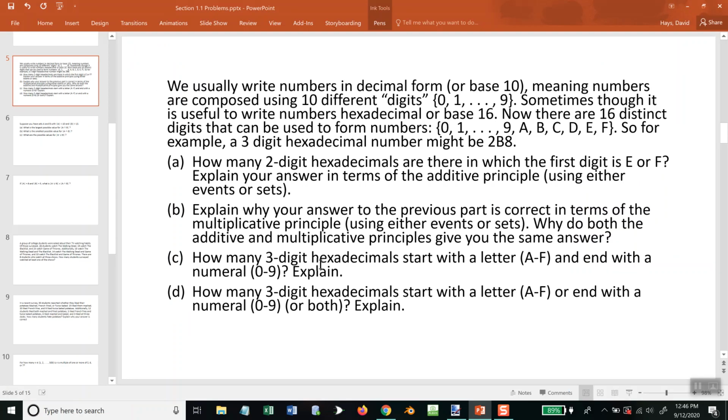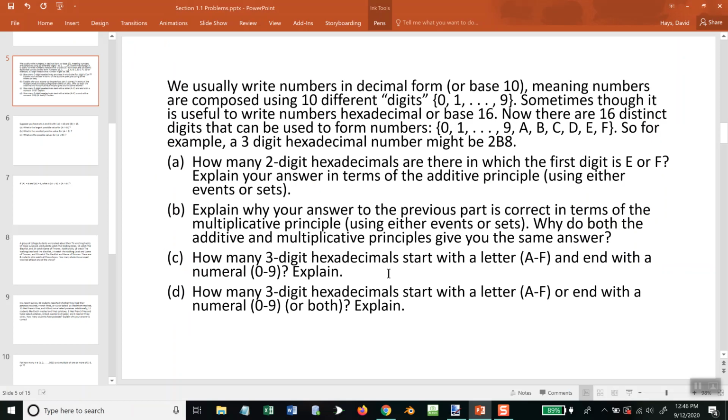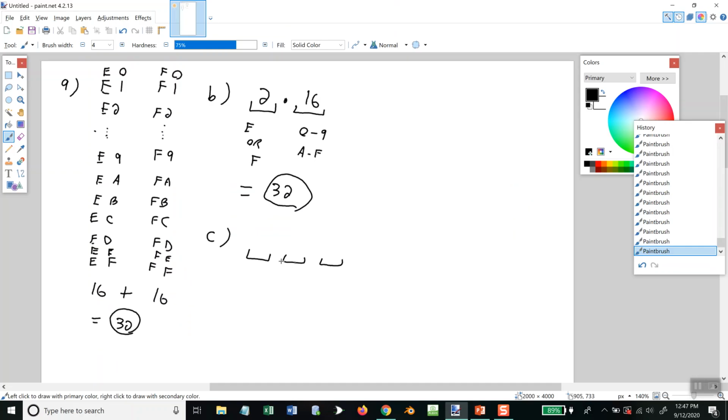How many 3-digit hexadecimals start with the letters A through F and end with the numerals 0 through 9? Okay, let's think about this. They start with a letter A through F. Well, that's 6 possibilities.